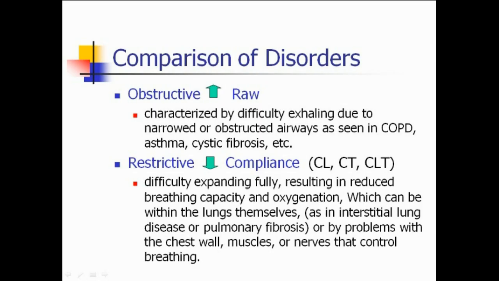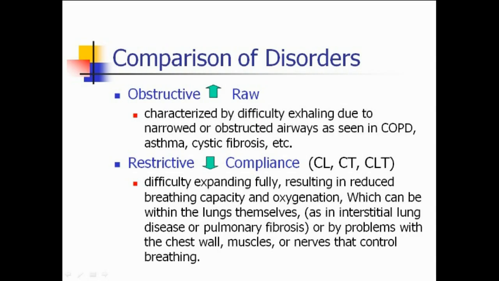Whereas the restrictive lung diseases have a decreased compliance, lung compliance, thoracic compliance, or compliance of both lung and thoracic. This results in a difficulty in fully expanding the chest, the lungs. This results in reduced breathing capacity, volumes, and that coincides with a reduced oxygenation.